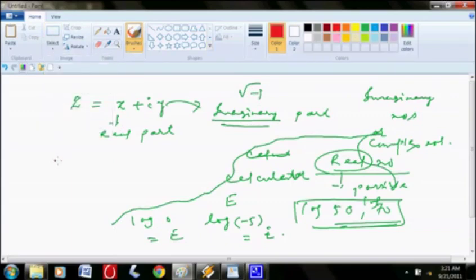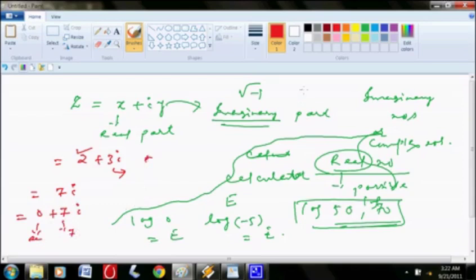Some of the examples we can make out, like 2 plus 3i. 2 is the real part, 3 is the imaginary part. It can also be simply 7i, because 7i can be written like 0 plus 7i. 0 is the real part, 7 is the imaginary part.